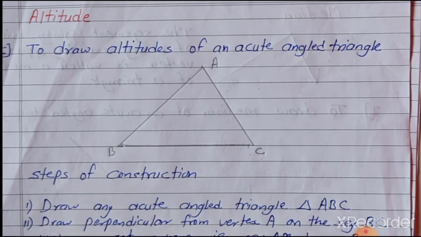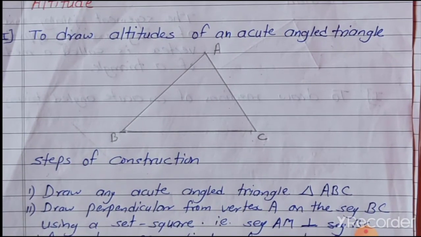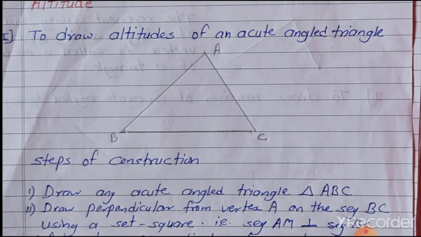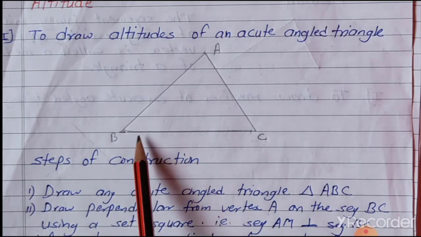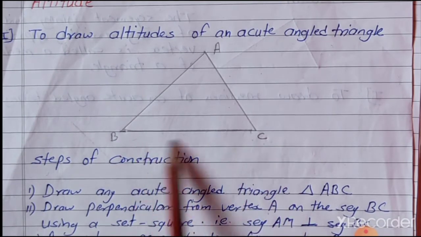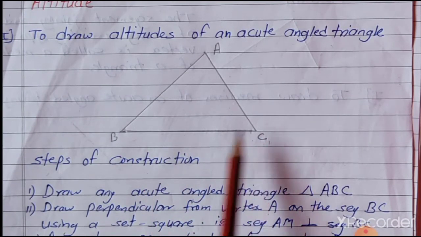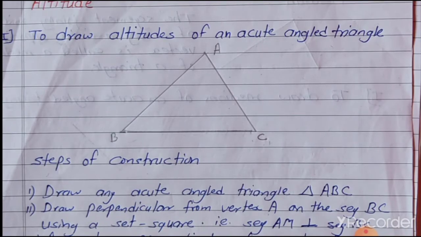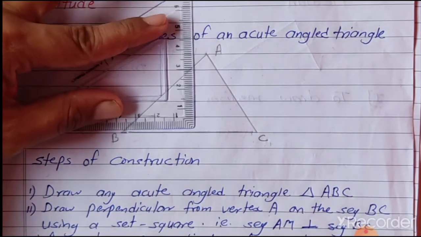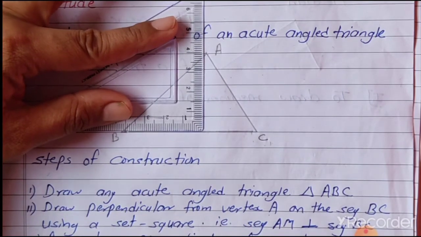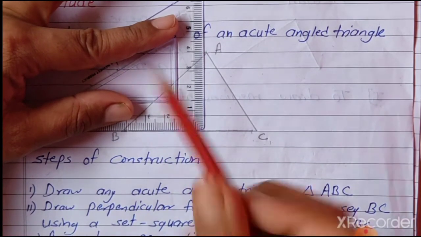So the second step is to draw one perpendicular from vertex A to the opposite segment. Its opposite segment is BC. So let us draw one perpendicular by using a set square. Just place it like this.